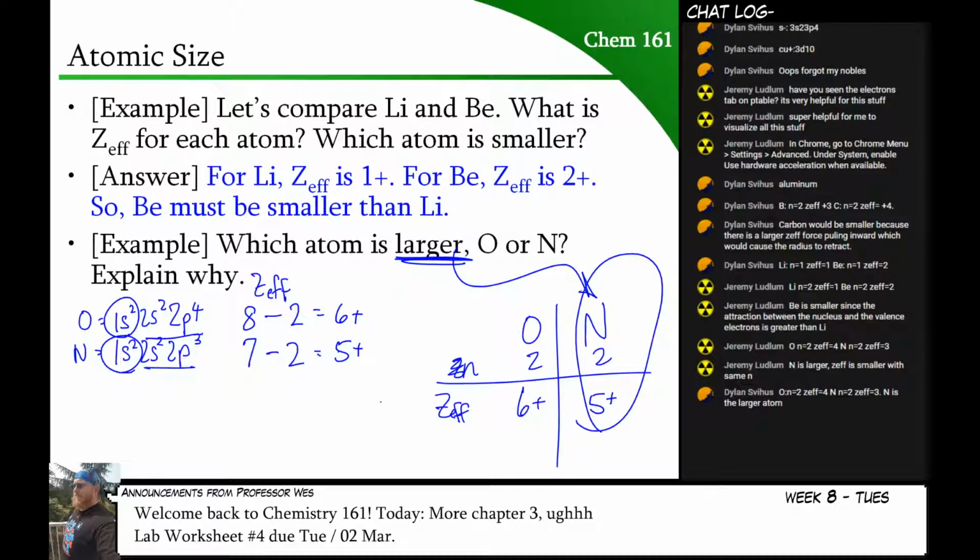So nitrogen must be bigger because its Z effective is smaller. Because if one direction is true, then the opposite must also be true for our trends. Cool. There we go. That's atomic size.